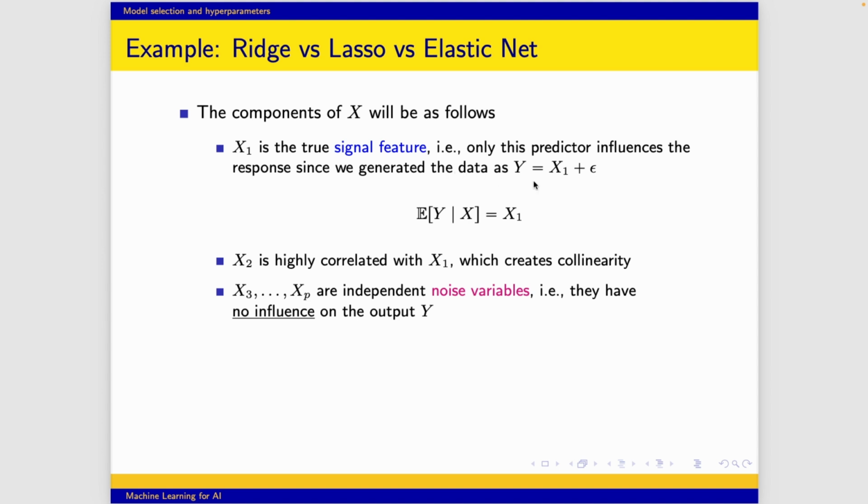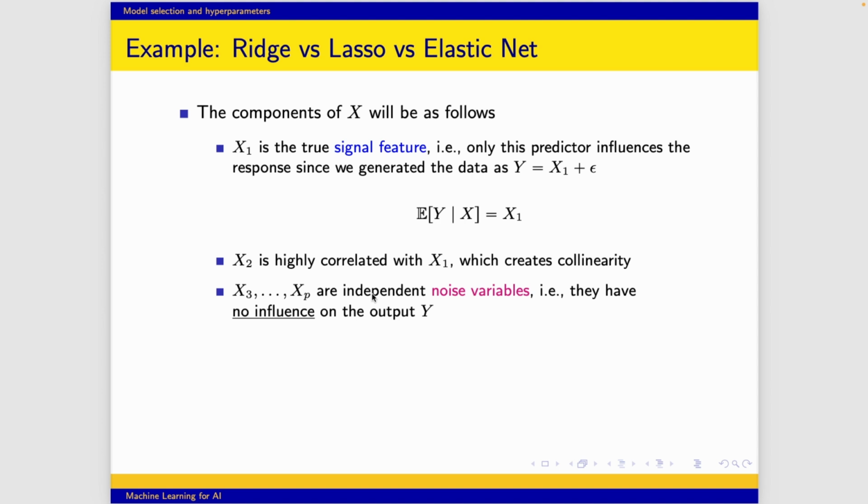Because the data is generated like this, those x3 to xp don't appear in here. They will have absolutely no bearing on the values of y. They do not appear at all in the data generating process. This is why we want all of the theta i from theta 3 to theta p to be 0, right?